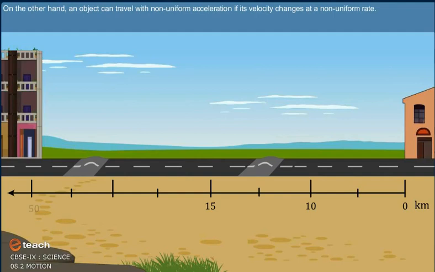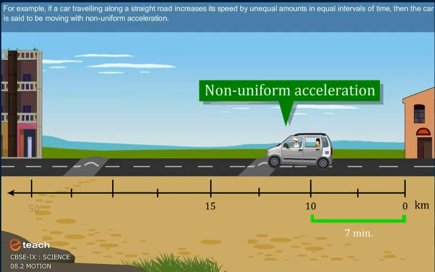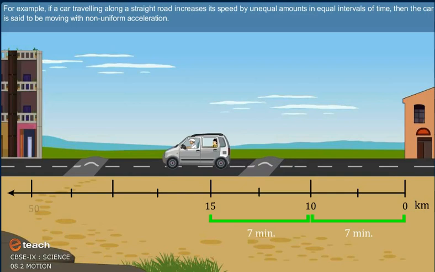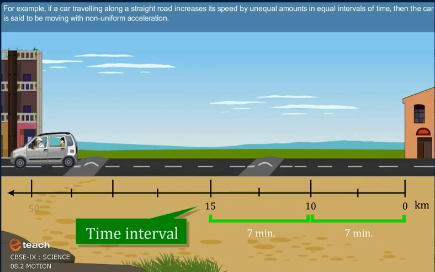On the other hand, an object can travel with non-uniform acceleration if its velocity changes at a non-uniform rate. For example, if a car traveling along a straight road increases its speed by unequal amounts in equal intervals of time, then the car is said to be moving with non-uniform acceleration.